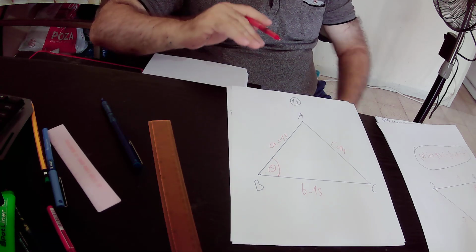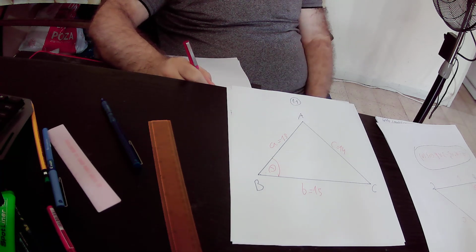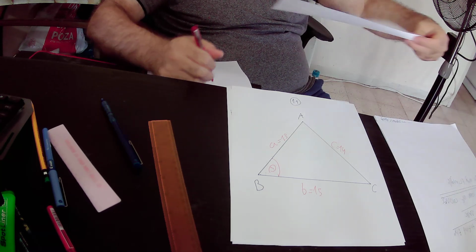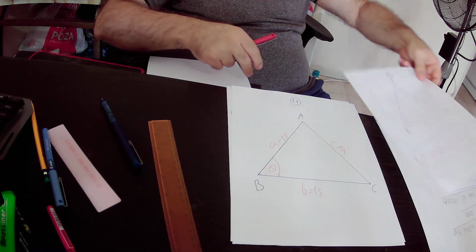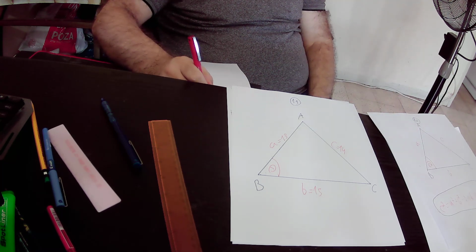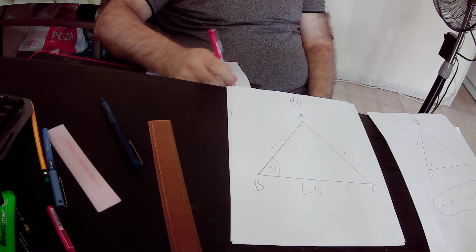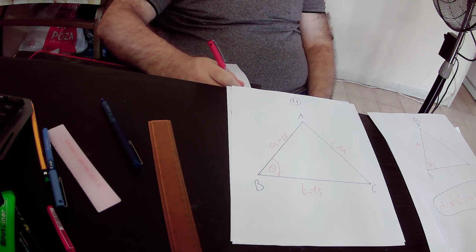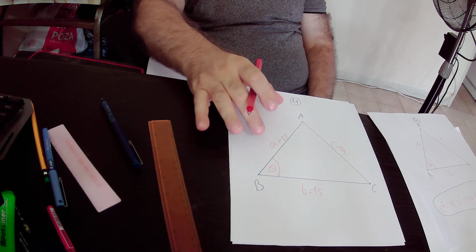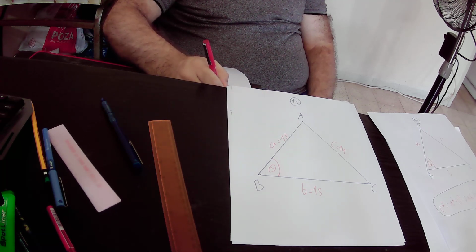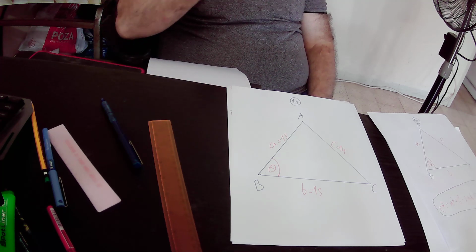So what is the value of C squared? C equals 14 units, so C squared, 14 squared, is 196, equals A squared. A is 13, so A squared is 169, plus B squared.